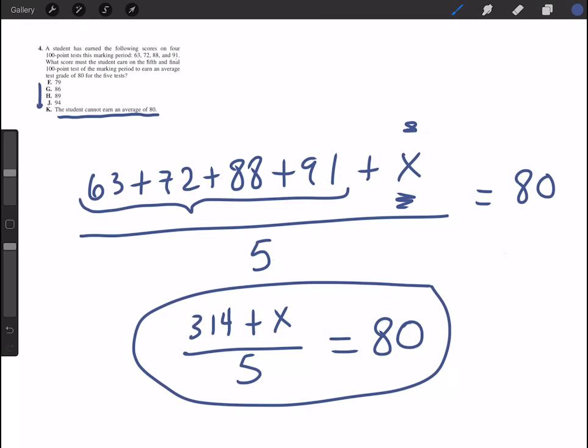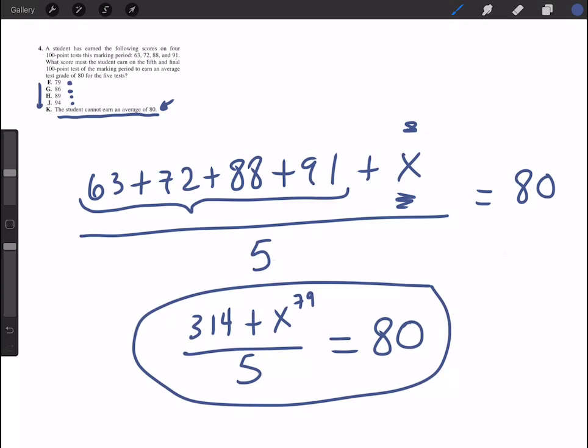If you're a little bit unsure as to how to solve this, it's not all lost. Think about it. You have the first choice 79, the second one 86, the third one 89, and the fourth one is 94. You leave the last one until the very end. So if 79 is correct, plugging in 79 for x here, adding and dividing by 5, should be equal to 80 if that's going to be the right choice.